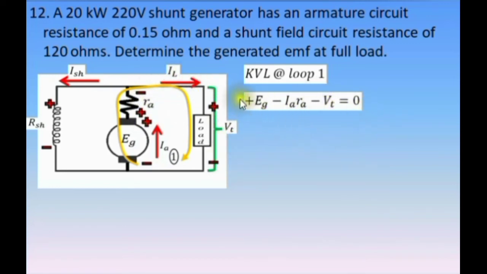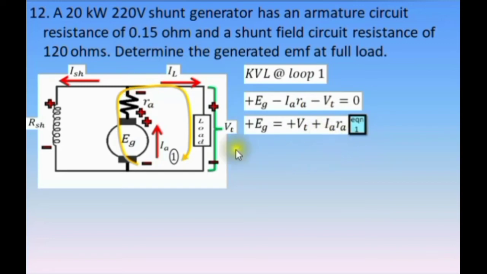Again, since EG is required, we transpose negative IARA minus VT to the other side of the equation. Therefore, we have the generated EMF equals the terminal voltage plus IARA. This is equation number 1. Terminal voltage is given as 220 volts and armature circuit resistance is 0.15 ohm. We will still determine the value of IA.